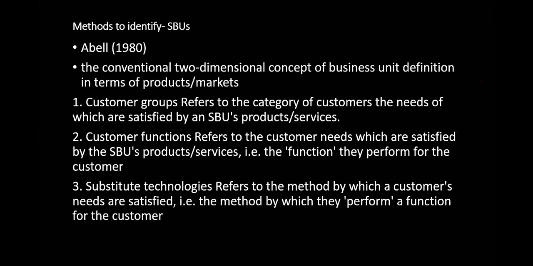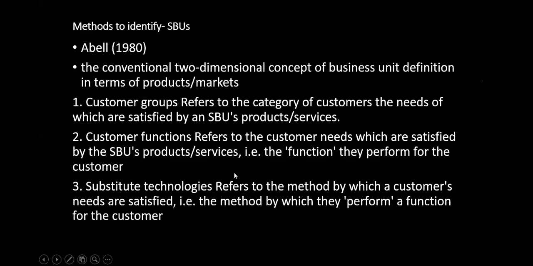But when you say economy business class, you know that you are giving much more support, maybe TV, Wi-Fi connections, full facilities. So based on those three areas, Abell is trying to define SBUs.